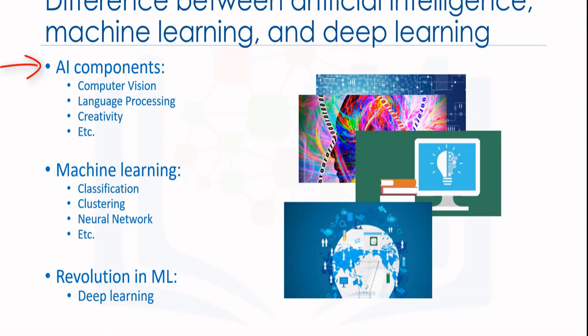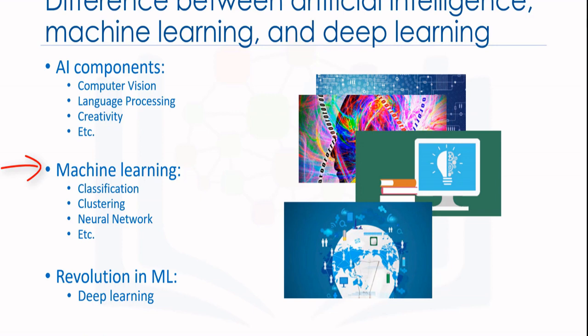In brief, AI tries to make computers intelligent in order to mimic the cognitive functions of humans. So, artificial intelligence is a general field with a broad scope, including computer vision, language processing, creativity, and summarization. Machine learning is the branch of AI that covers the statistical part of artificial intelligence.